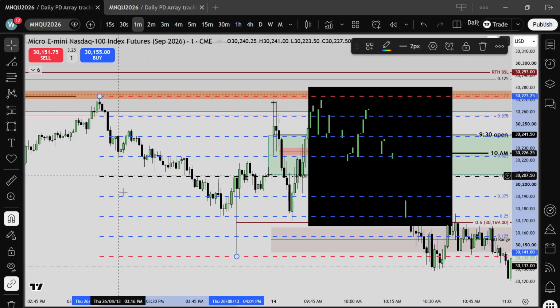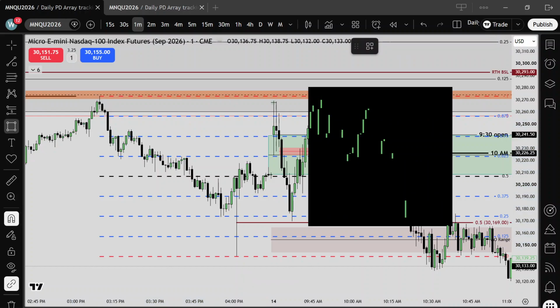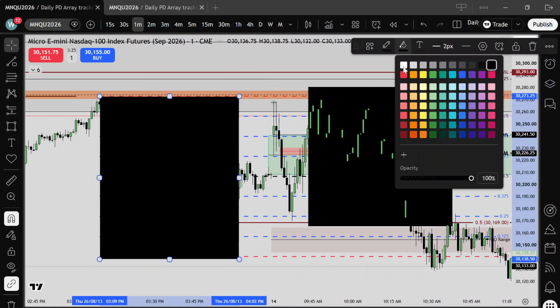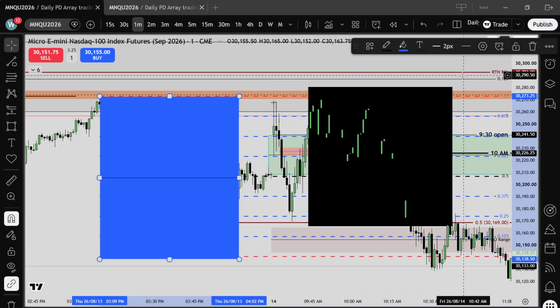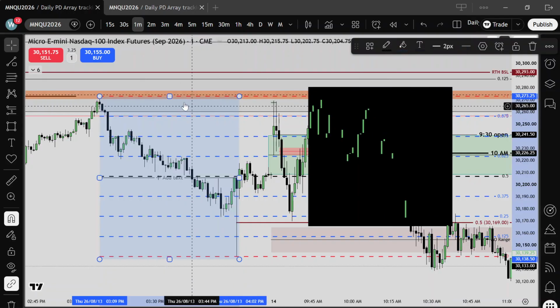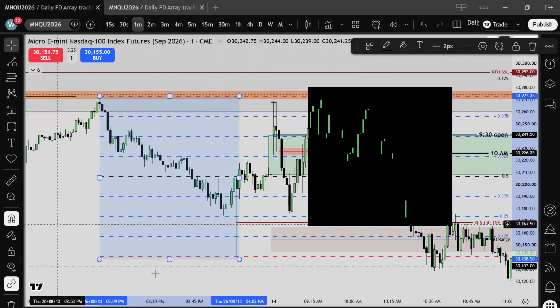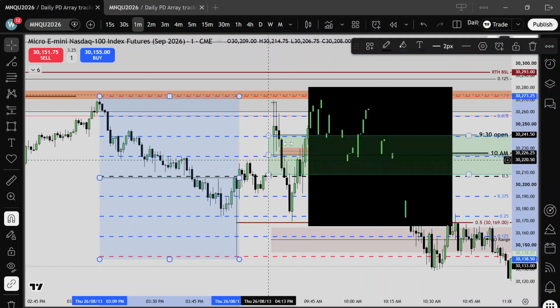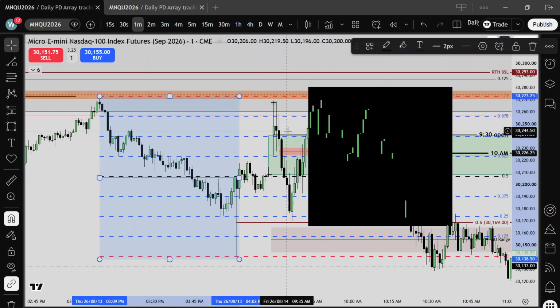This is our range at the moment. At this particular time, this is our only range because this 30-minute range has not closed and been consummated yet.